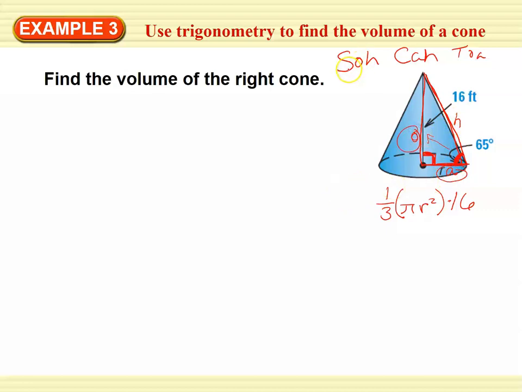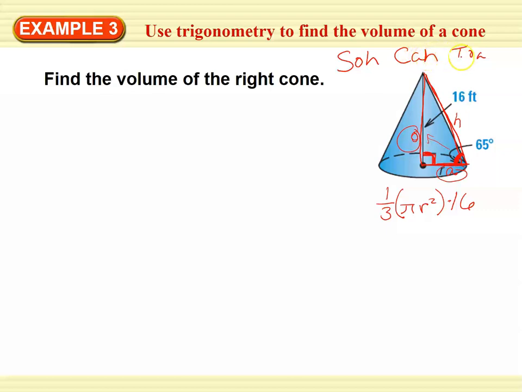Here, the S stands for sine, opposite over hypotenuse. So sine of an angle is opposite over hypotenuse. The C stands for cosine, cosine of an angle is adjacent over hypotenuse.